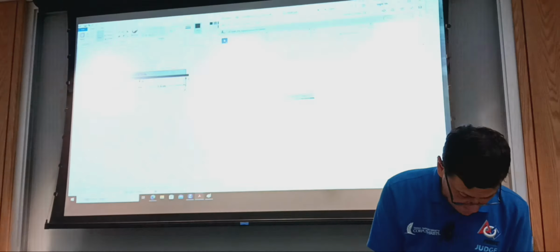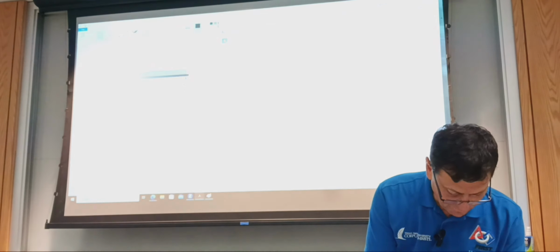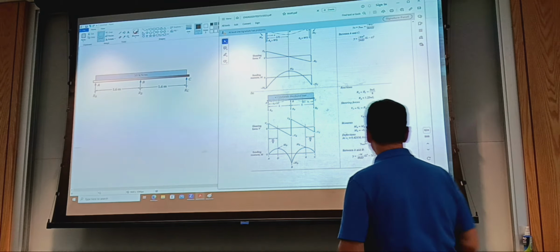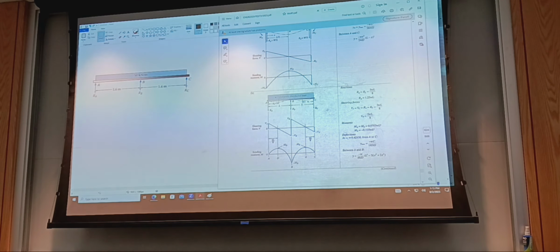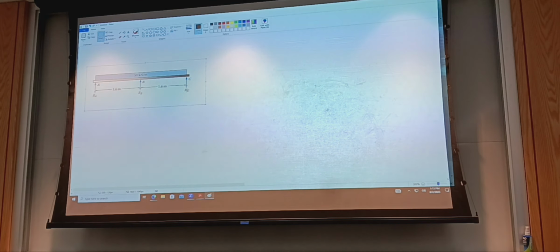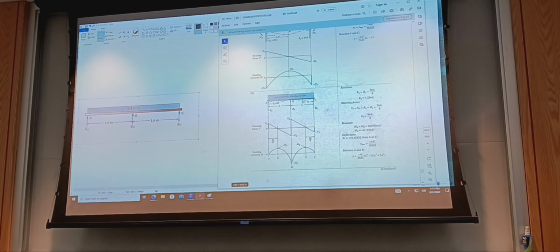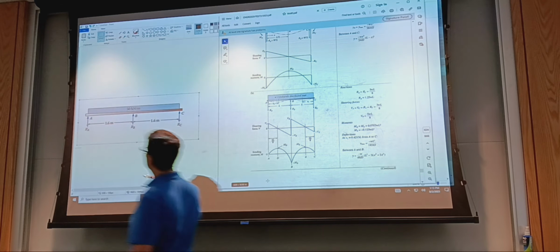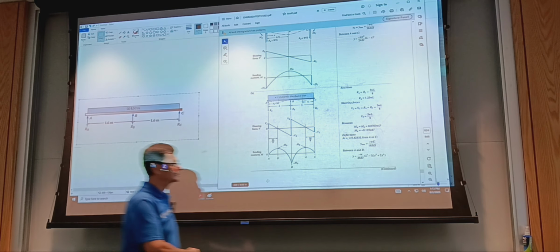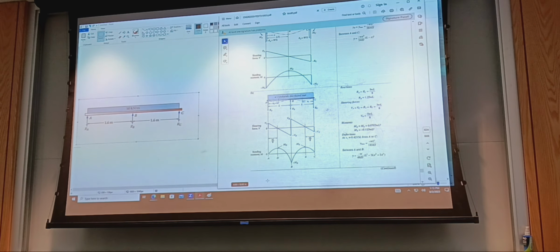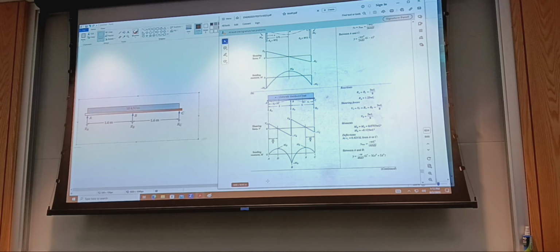We have, to the right, information about the magnitude of the reactions of the 3 supports, and we're just going to add this to the figure. So I was about to write on the screen. All right, so it's right here.